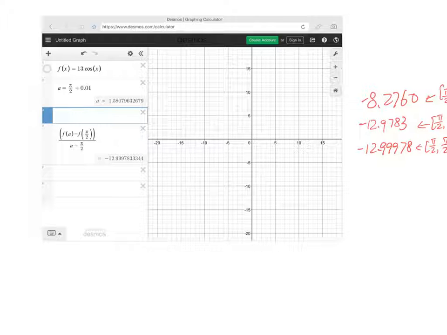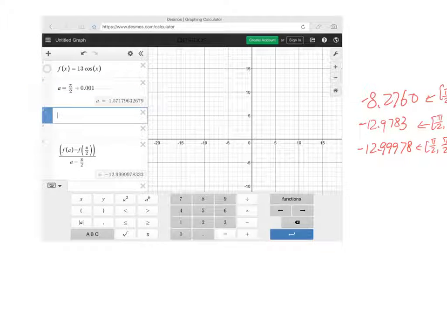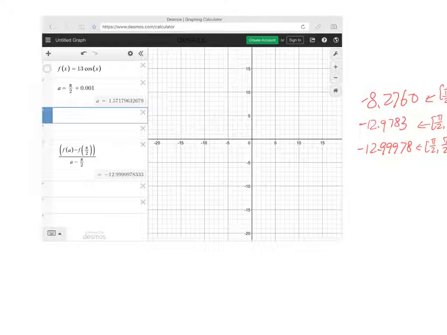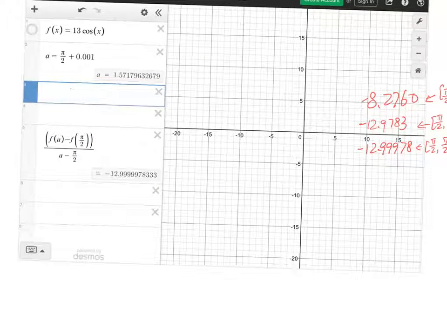I'm going to do one more and make sure that you agree with me that it's approaching negative 13. So I need to make this interval even shorter. So it's going to be pi over 2 plus 0.001, okay? And you see that, in fact, it is getting closer to negative 13.